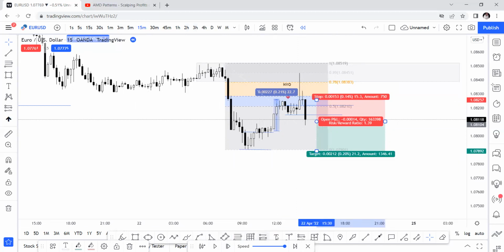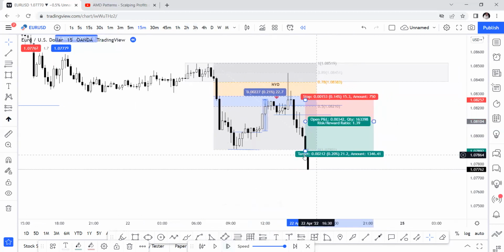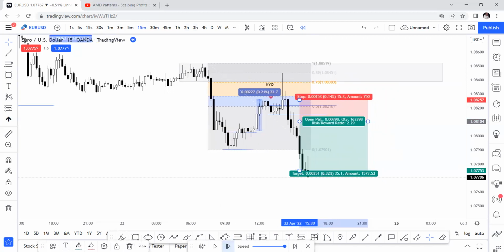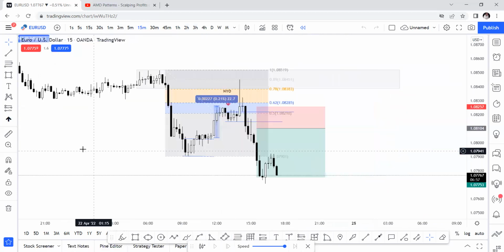And it's still moving down. You can imagine what you have gotten here. Your 30 pips is intact right here. You got 30 pips here, and it's still moving down.